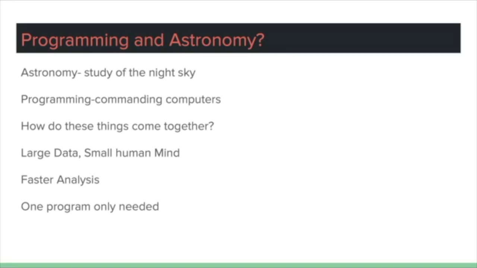The thing is, we use telescopes to scan the sky, right? And we have a wide variety of telescopes. We have some radio telescopes, we have some visual light telescopes, we have some gamma ray telescopes, we have an X-ray telescope. And if you study radio astronomy, then once a radio telescope scans the sky, you get back a black and white image.